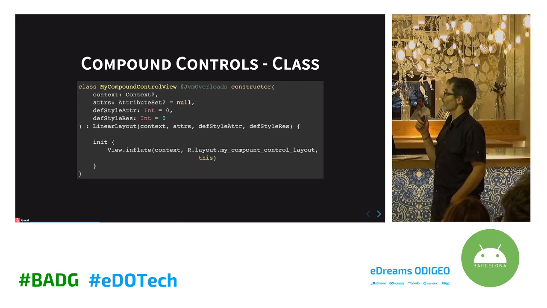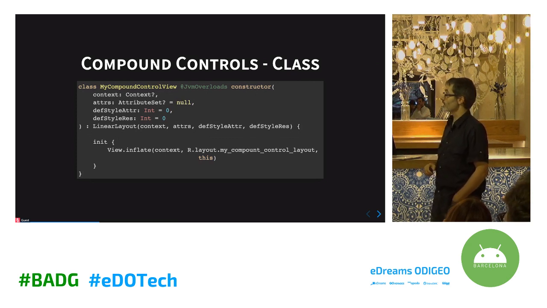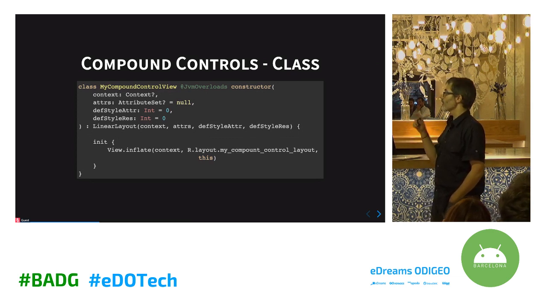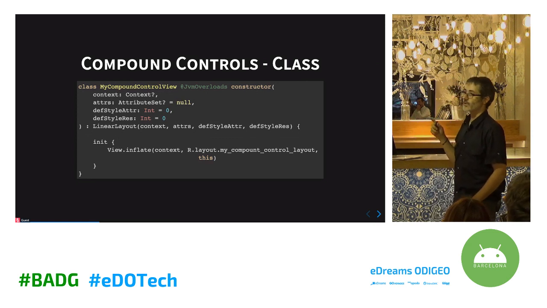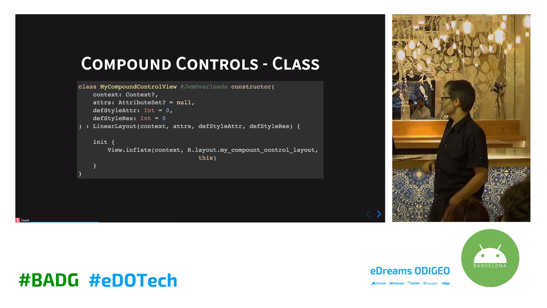We are creating a class, my compound control view, with a constructor. That's a small tip, which is using JVM overloads in Kotlin. So we don't need to implement all 4 constructors that we need to implement a control. With this, Kotlin takes care of all this.